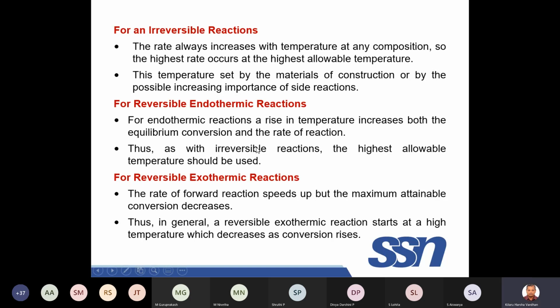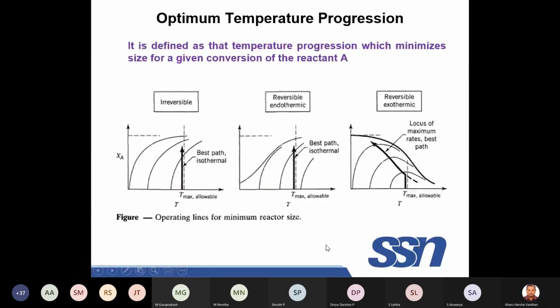Thus, as with the irreversible reactions, the highest allowable temperature should be used. For reversible exothermic processes, the rate of forward reaction speeds up, but the maximum attainable conversion decreases. Thus, in general, a reversible exothermic reaction starts at a high temperature, which decreases as the conversion rises. This is what we call the optimum temperature progression.